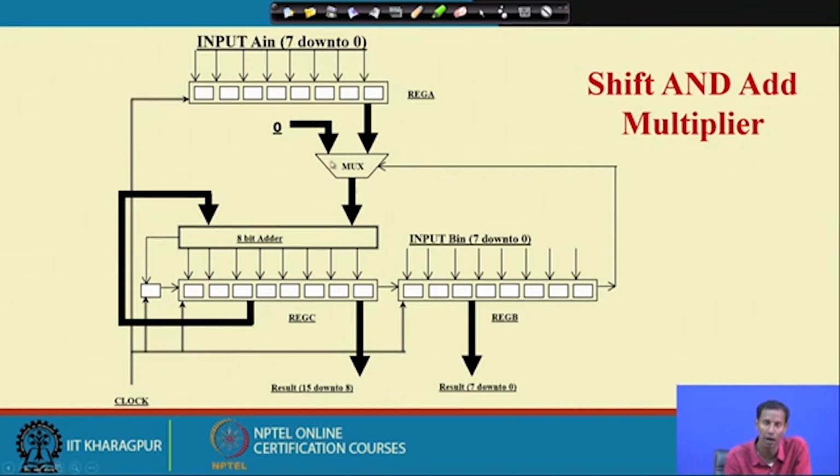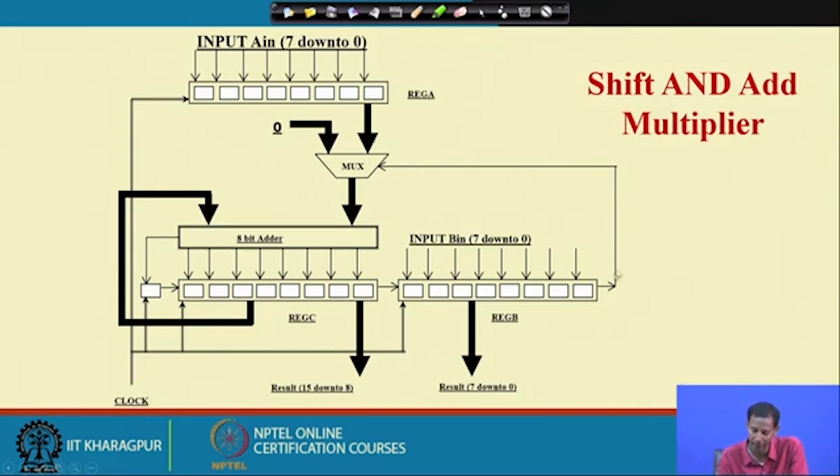Here, using this mux, I can compute that. For 0 it will choose 0. If this bit is 1, it will choose 2 of A, that means A in will be shifted by 1 left shift, and that will come over here and be stored in this particular register.